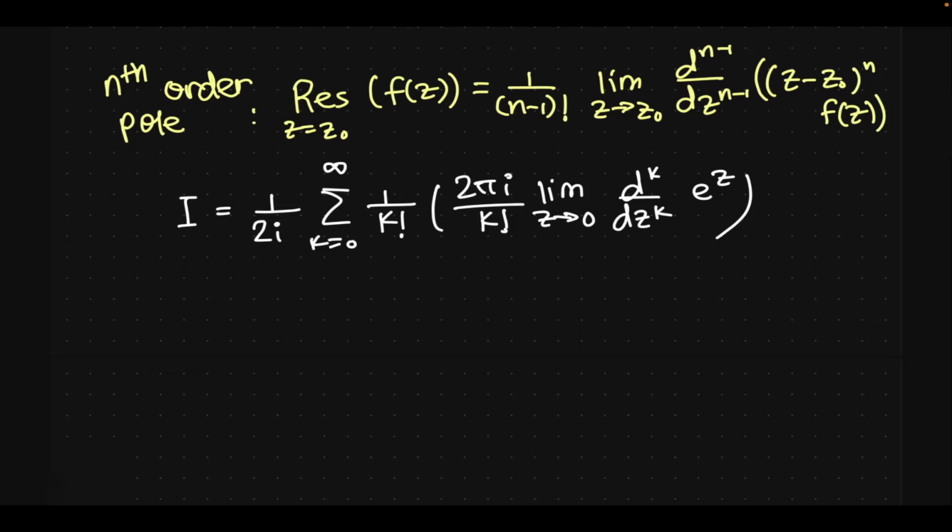With that, we see that we're going to get pi times the sum from 0 to infinity of 1 over k factorial squared. So you see, we can't really evaluate this further. I think I'm going to leave my answer in this final form.